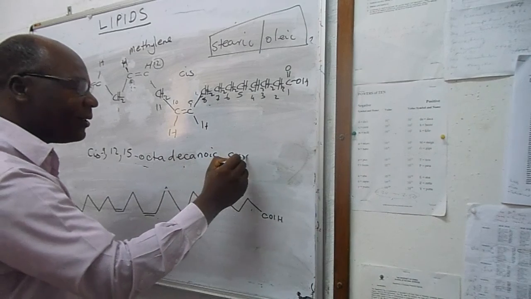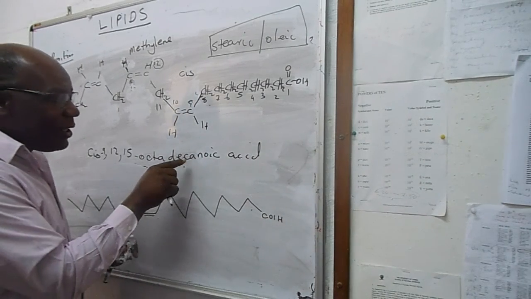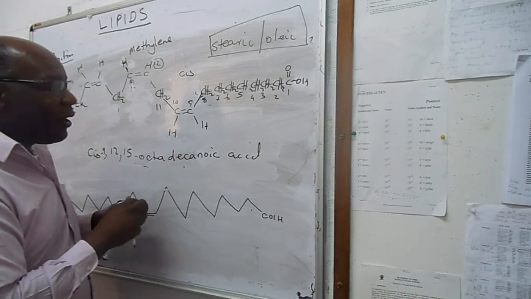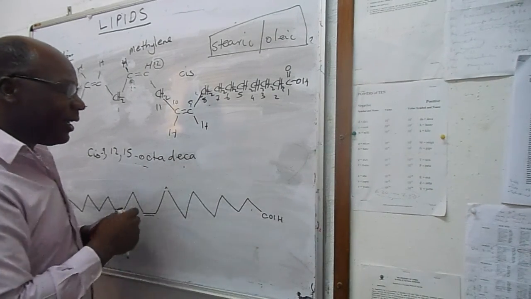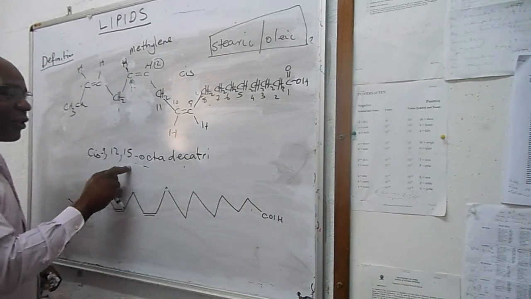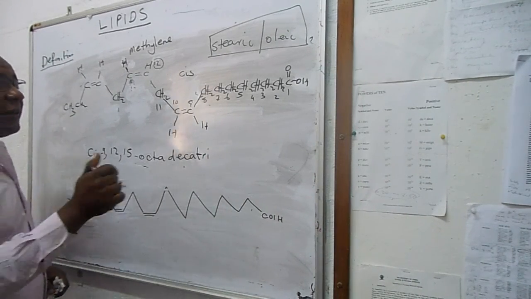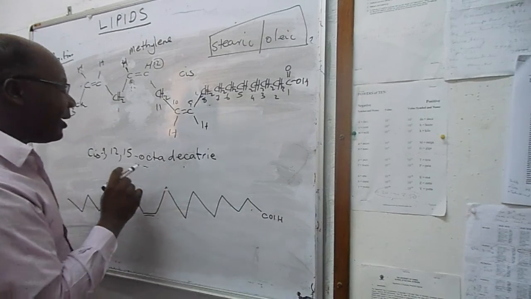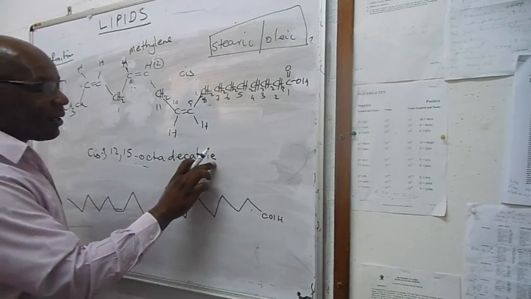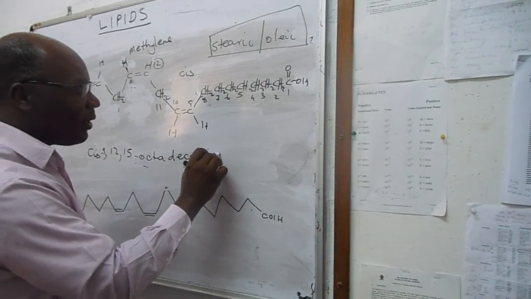So between the A of deca and the N of noic acid, you put the prefix tri. Tri is for 3. Then you put E for the double bond, E for alkenes. Remember alkenes? That's where the E is coming from. Then noic acid.